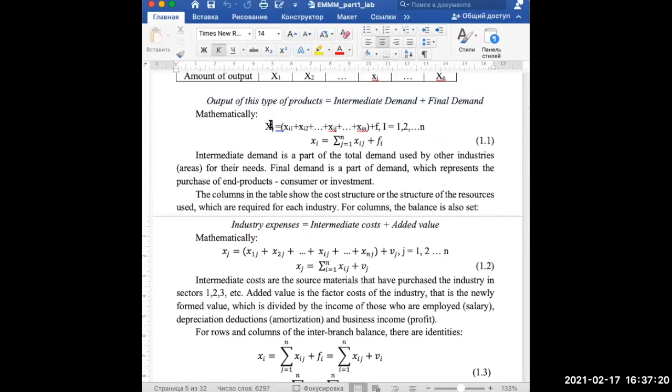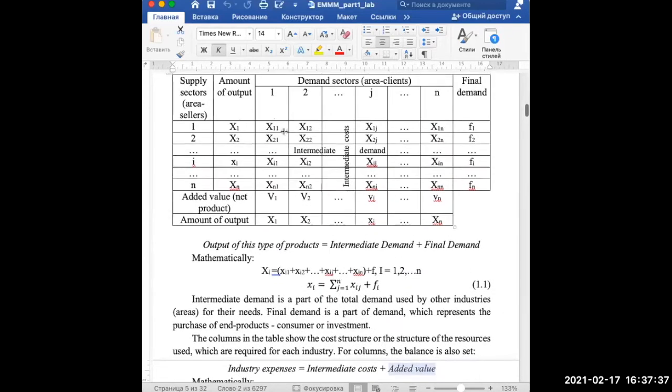and we denote it to describe the differences. It is X, Y. In this case, we will talk about xj, and we can define it as a sum of intermediate cost and added value. What is our intermediate cost? It is the sum of all our payments for deliveries from other branches.